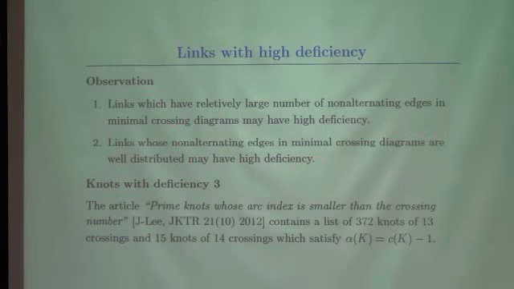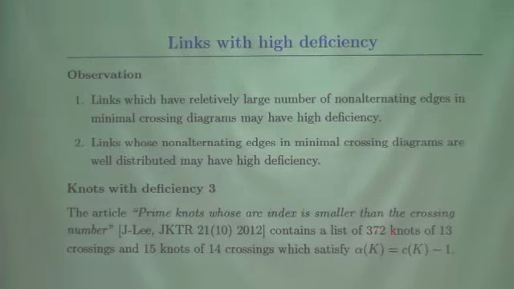Okay, and in the article I wrote with Lee, she is the next speaker, that appeared in the most recent issue, it contains 372 knots of 13 crossings and 15 knots of 14 crossings, which satisfy alpha L equals CK minus 1. So this is a case of deficiency 3.